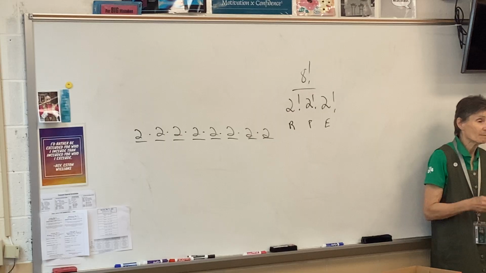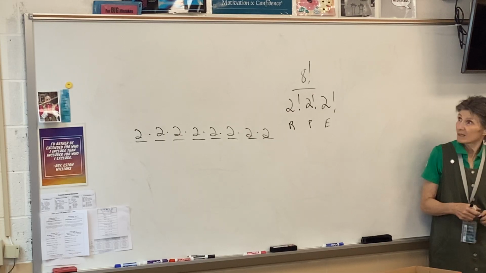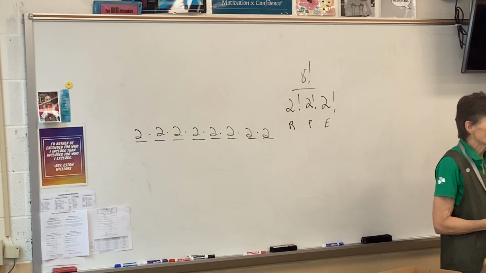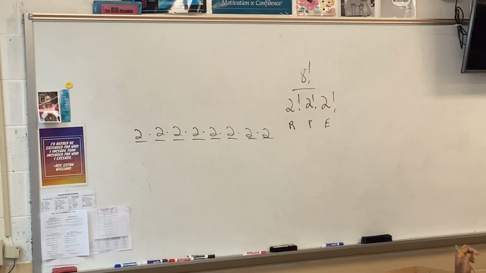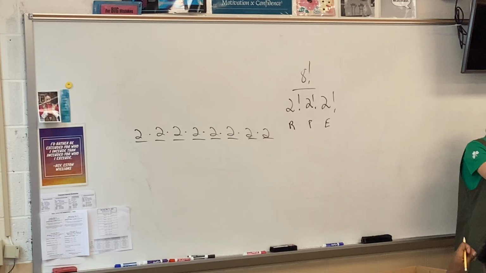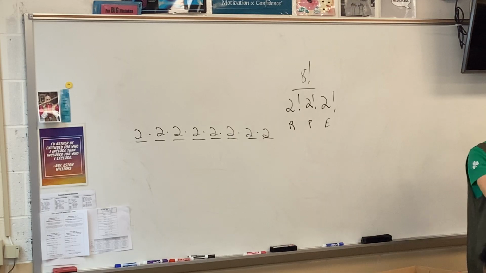You have to divide by all of it. So, 8 factorial divided by 2 factorial, divided by 2 factorial, divided by 2 factorial. When Erin said it, she said divided by each one. Make sure you're typing that in and getting 5,040.